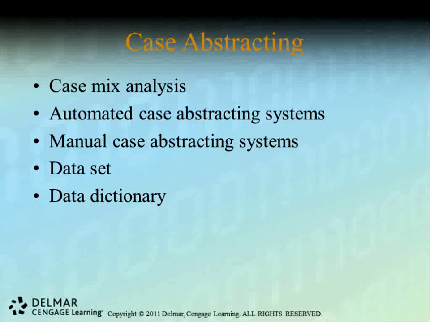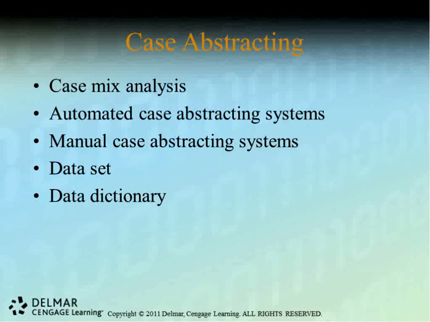All right, and so like I mentioned, you can have an automatic case abstracting system or a manual case abstracting system. When you have automated, your computer helps you to pull and do all these different tasks. When you have a manual case abstracting system, then the health information department has to enter the patient data onto what we call a case abstracting form.